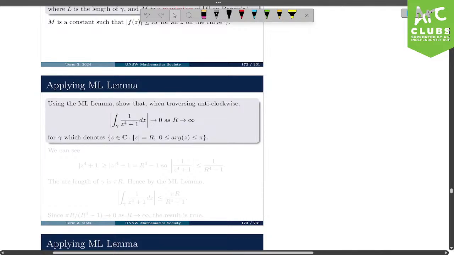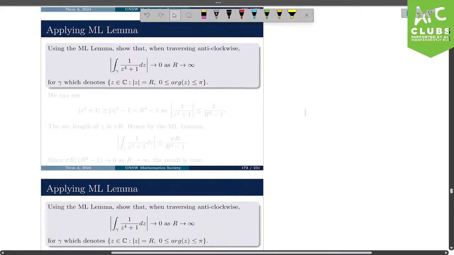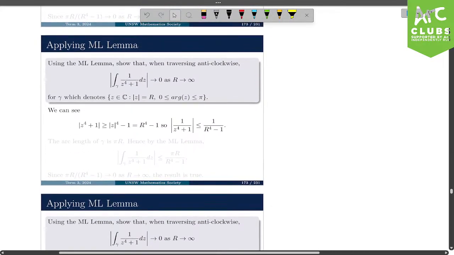Let's go ahead and show that the magnitude of the integral of 1 over z to the 4 plus 1 on a semicircle from 0 to pi with radius r, as r goes to infinity, the integral goes to 0. So, how do we do this? Well, z to the 4 plus 1, we use our circle inequality to upper bound that by minimizing the denominator.